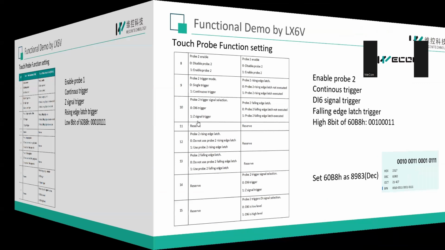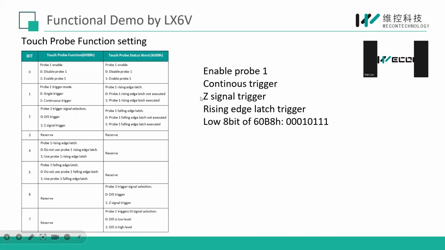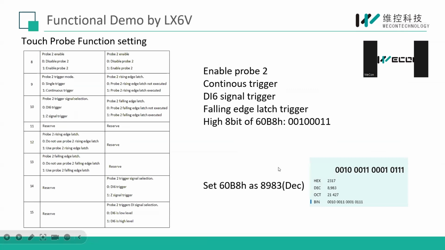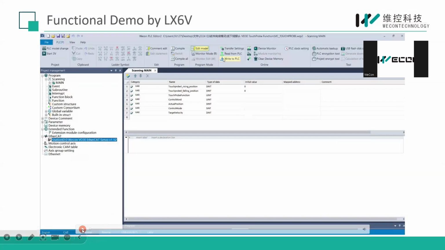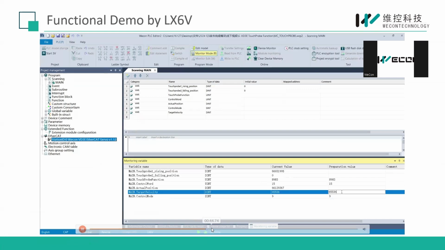Because for probe 1 we use the Z signal, every time the motor rotates one loop, we get one Z signal, and the position is updated one time. Change to 300 RPM.